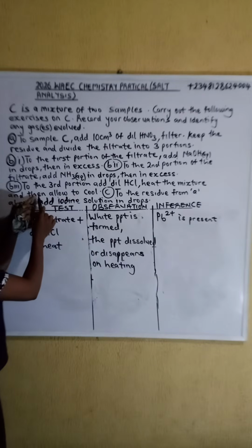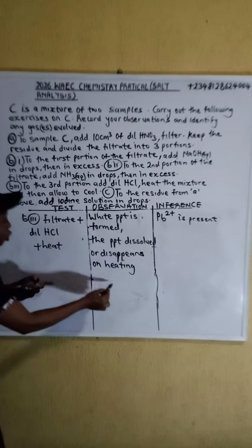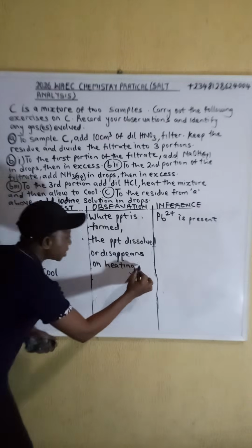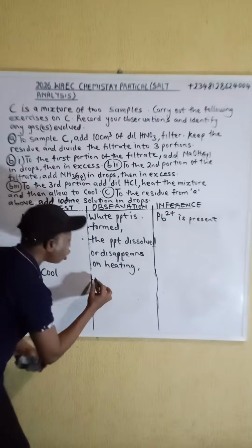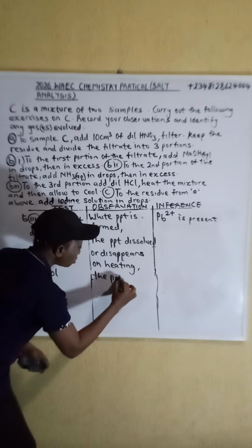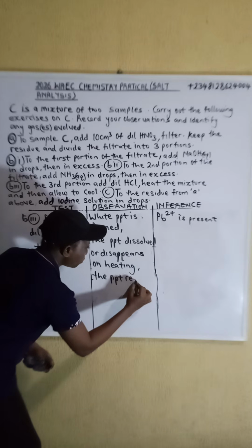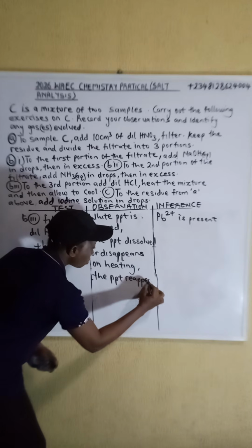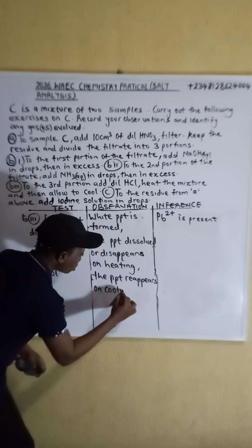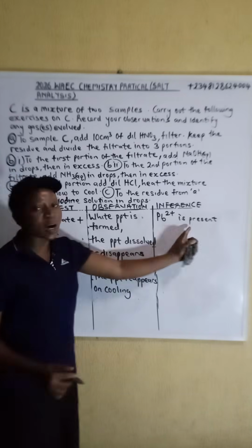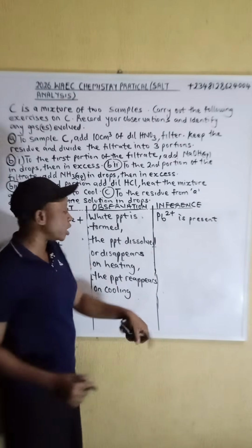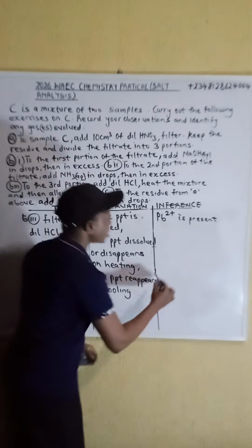The question says then allow to cool. So another line, plus cool. The precipitate reappears on cooling, which confirms the presence of lead ion.